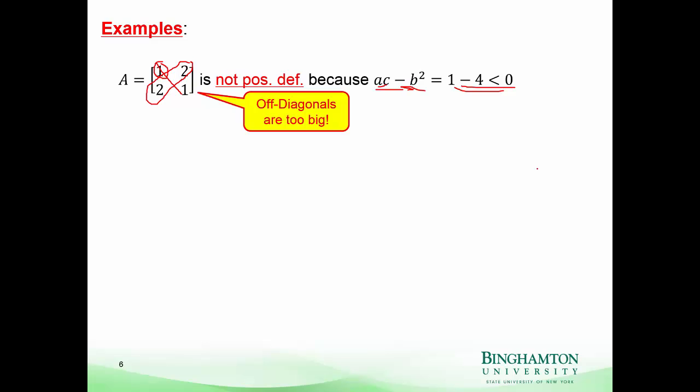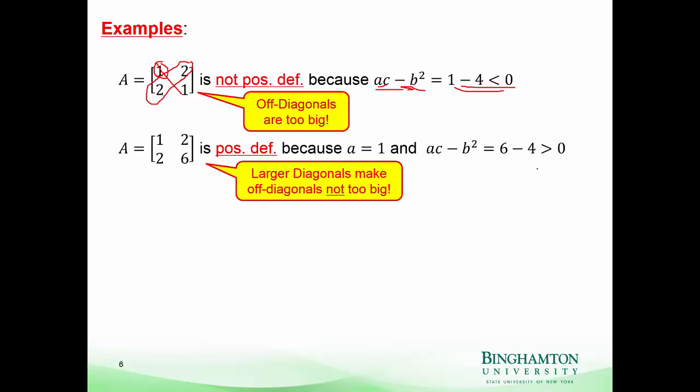So if we were to keep 1 and 1 the same, but knock the off-diagonals down some, if we made them 0.5, this would be positive definite. You can check it. Okay, here's one. It's symmetric, so we could check to see if it's positive definite. Now we see what we've done is instead of decreasing the off-diagonals, we've increased one of the diagonal elements.